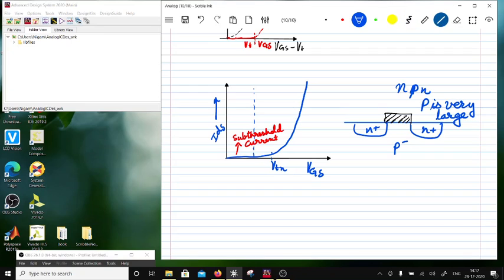Now, if I was to introduce an inversion here, at this point, there is a strong inversion beyond this point. But then there is another region here. There is a moderate inversion. So basically, you are going to have three different regions. One would be weak inversion.